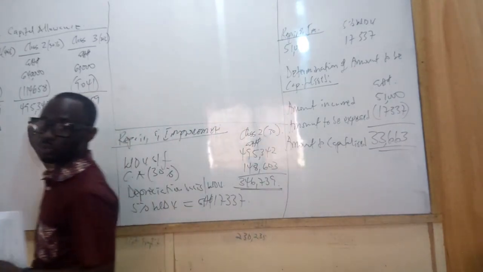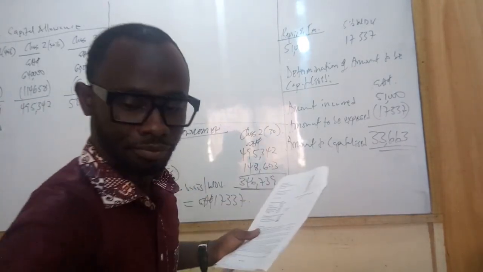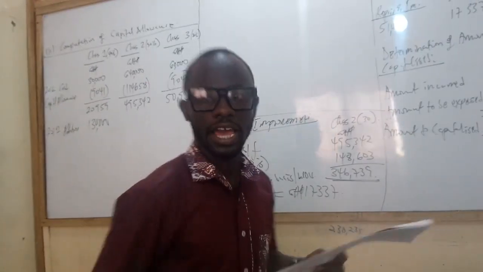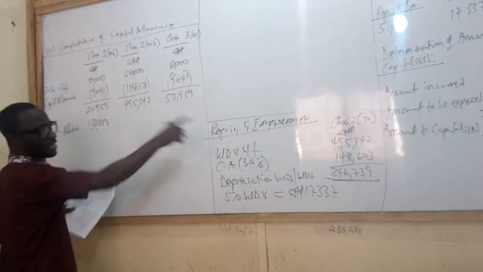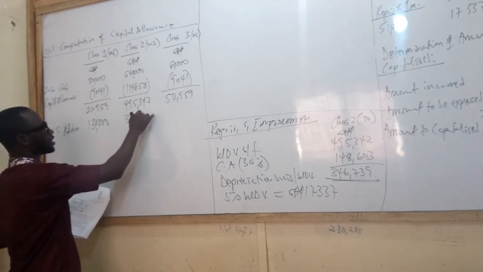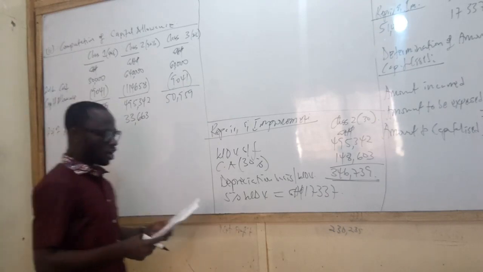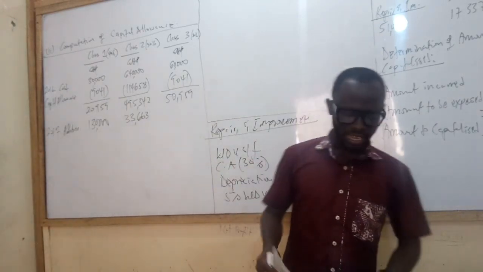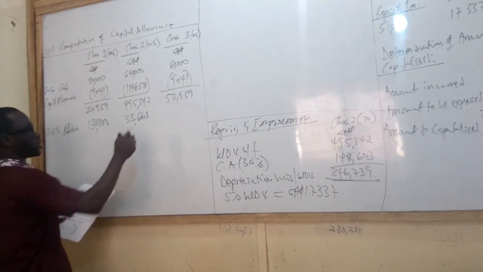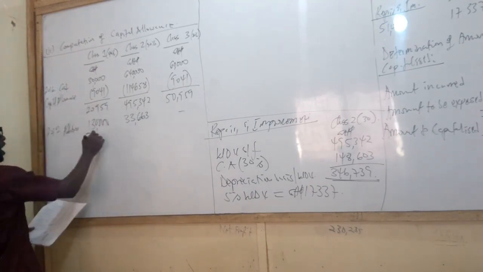So the additions we're going to be bringing here is now going to be that figure, 33,663. Now for class 3 assets, we will not have any information about any addition. So there's not going to be any addition.